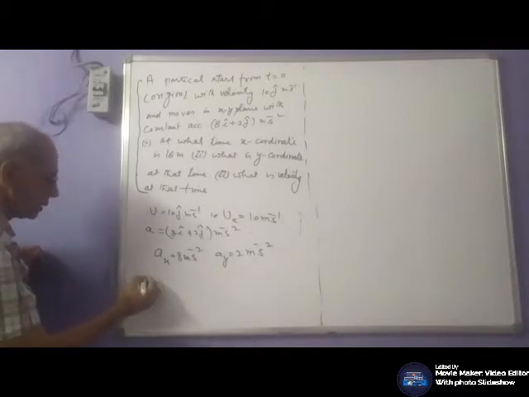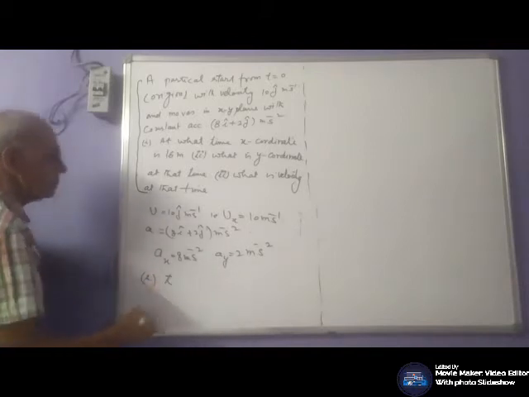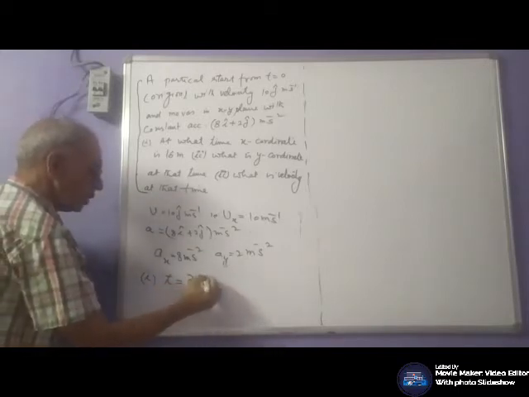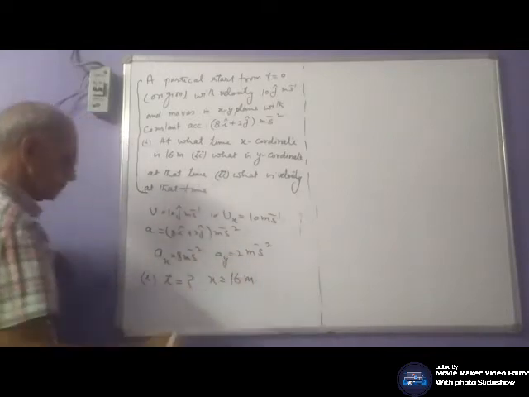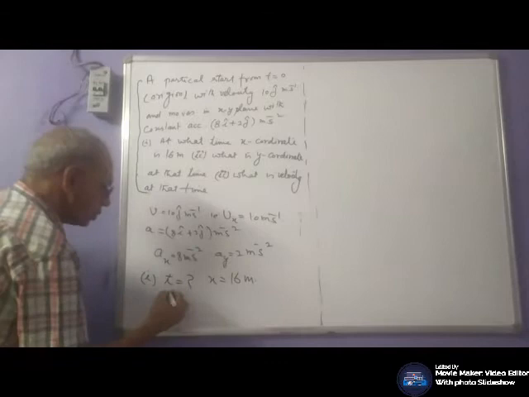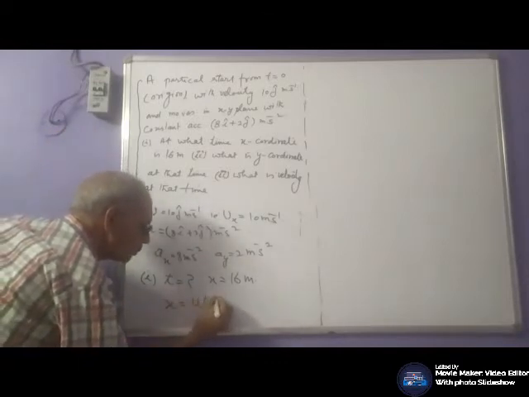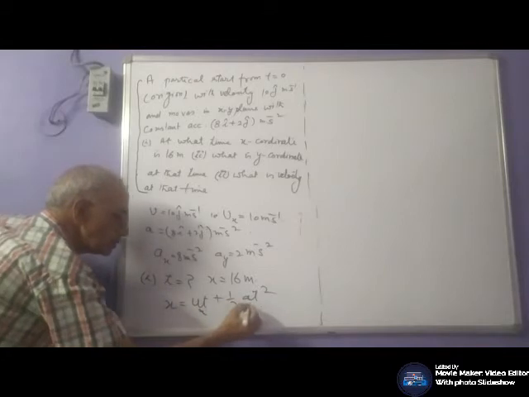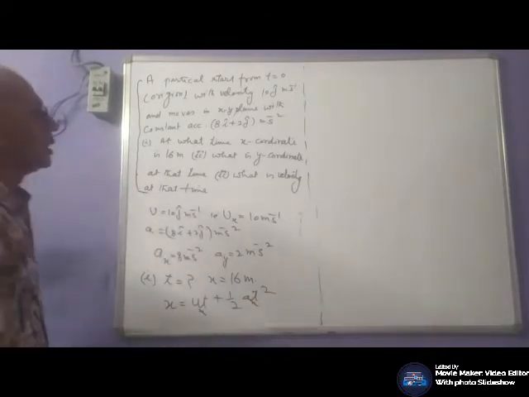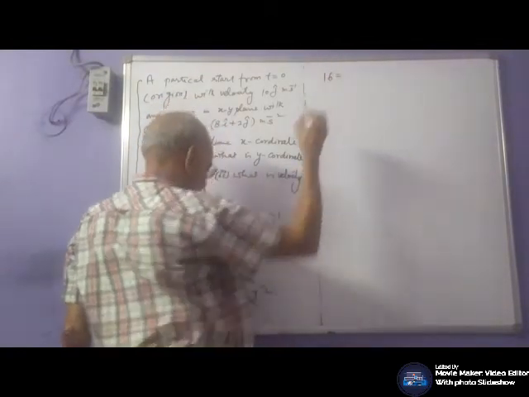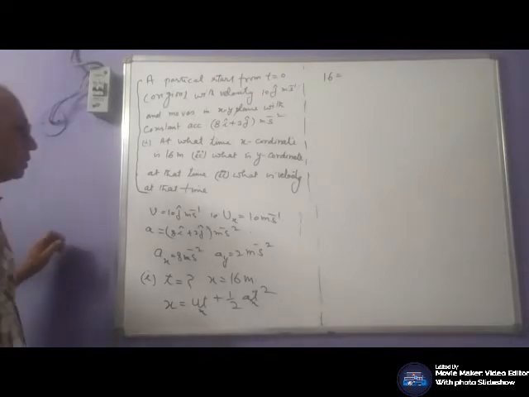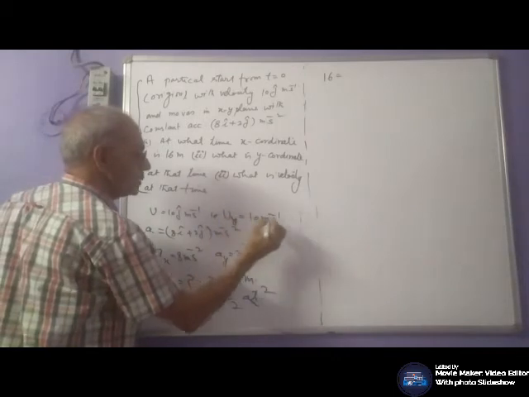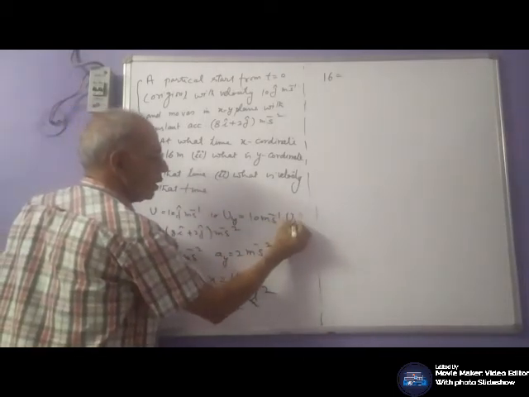First, at what time is the x coordinate 16 meter? x is ut plus half a t square, so ux t plus half ax t square. x is 16. This was uy, J, so ux was 0.